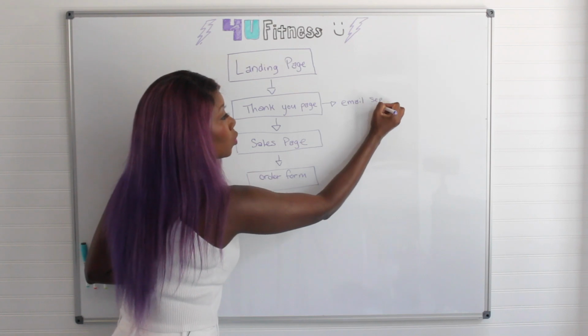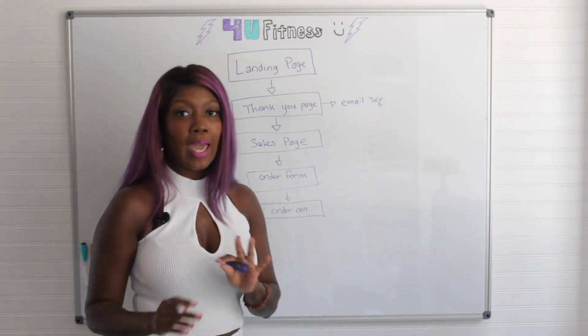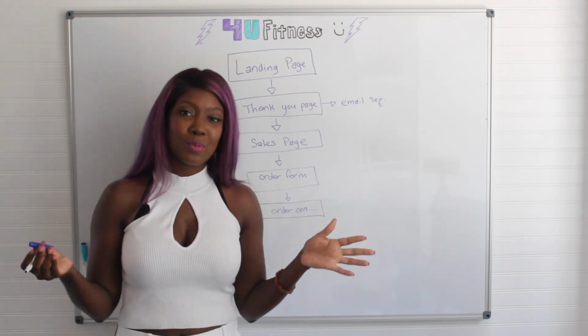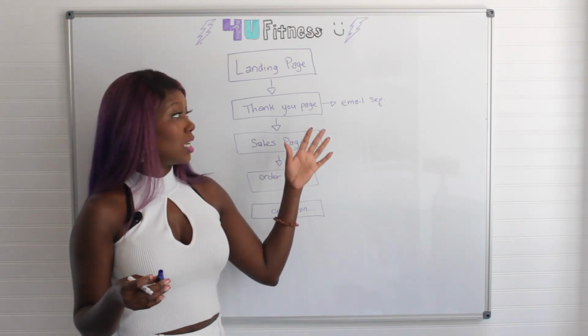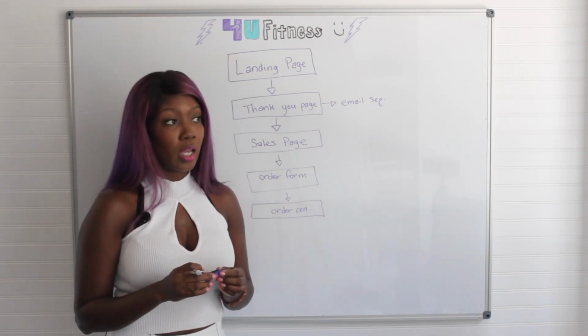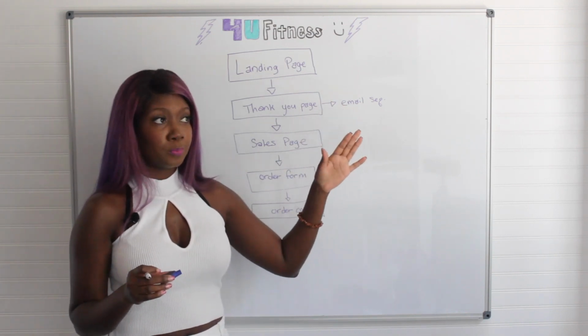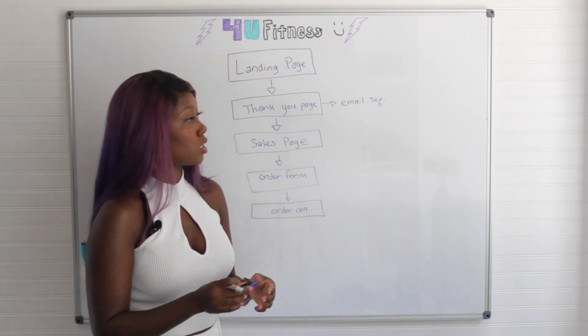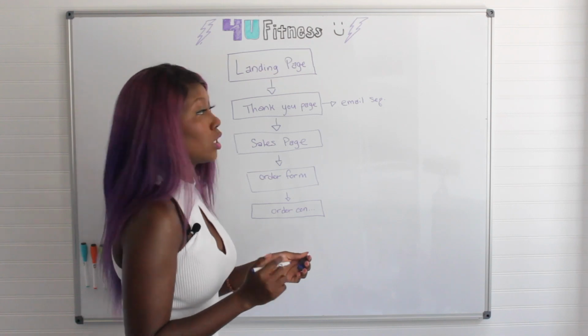Now this works for any platform, but if you are a fan of ClickFunnels, which I'm a little biased, so I am, Russell Brunson has an email sequence that he calls the Seinfeld sequence, where it basically breaks down how you can create a 7 to 10 step email sequence. So this is where you would want to enter in your email sequence.